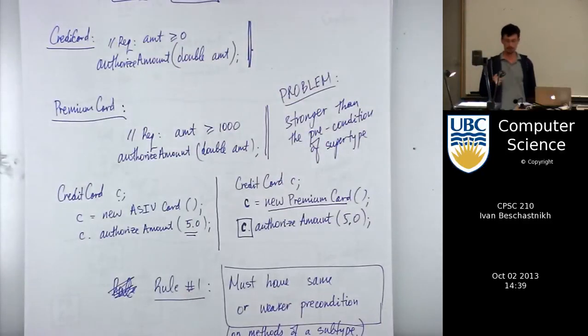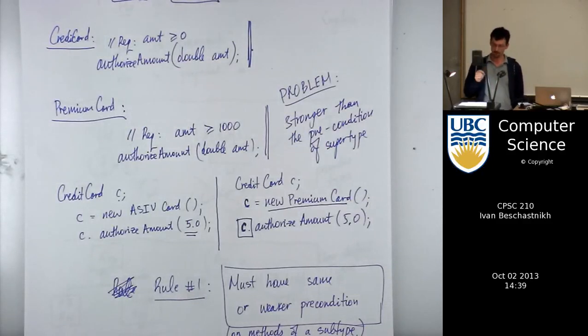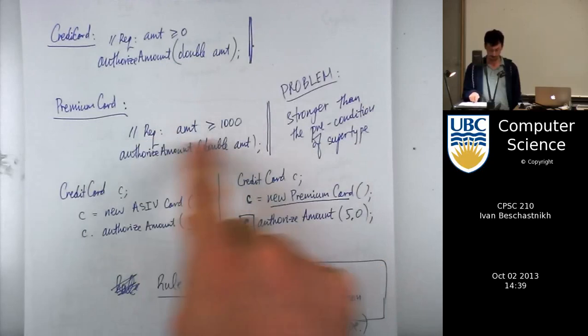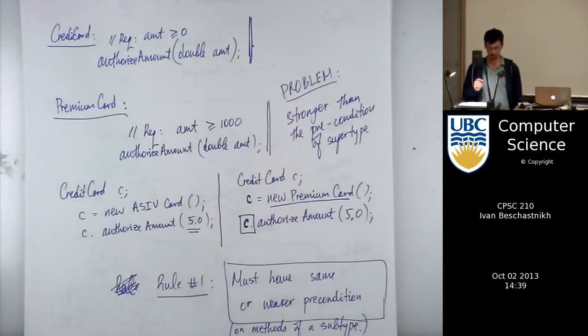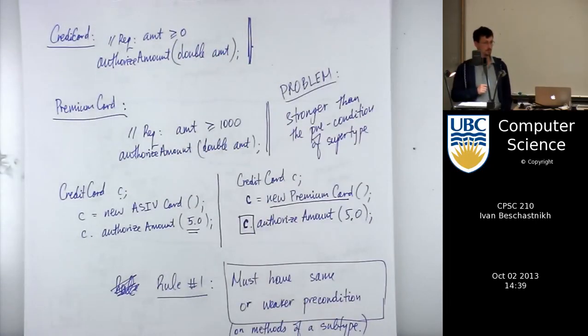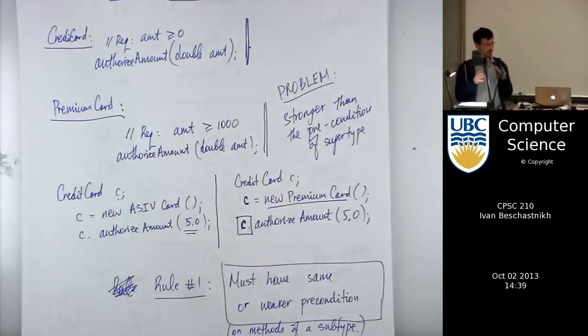Another way of thinking about it is that if you consider the values of amount, the set of values that are defined by this precondition is smaller than the set of values that are defined by the precondition amount greater than 0. Okay. So this guy is stronger because it constrains the method to fewer things.